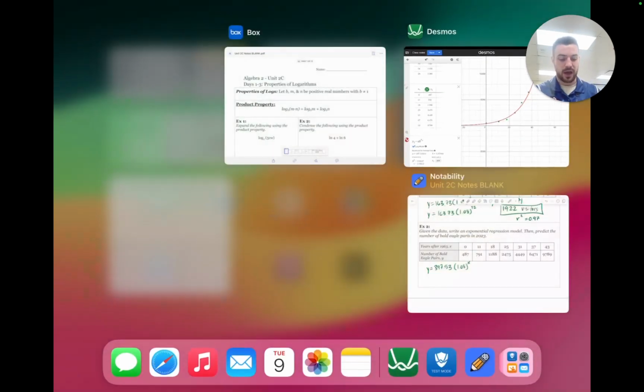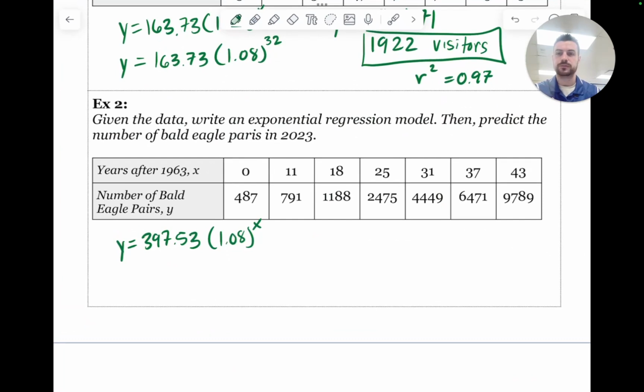So we now have our equation right here. We can make a prediction for the number of bald eagle pairs in 2023. Well, 2023 is how many years from 1963? The answer there is 60.